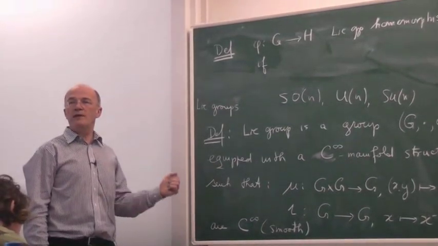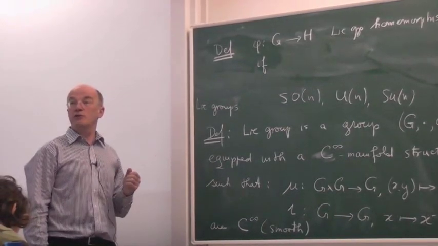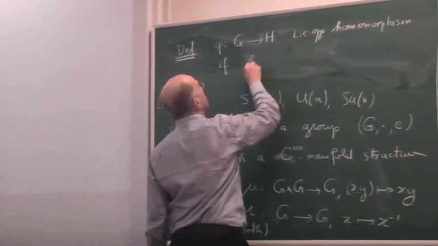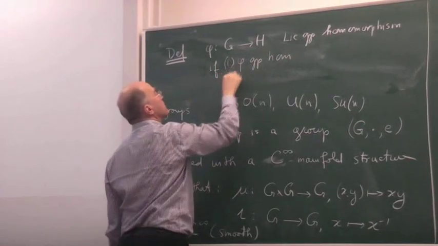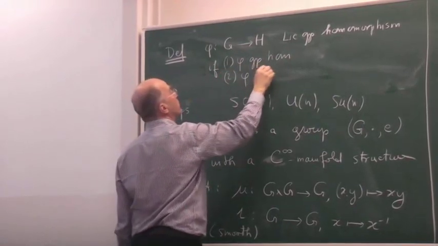So it should both be a group homomorphism and a smooth map. Secondly, phi should be smooth.